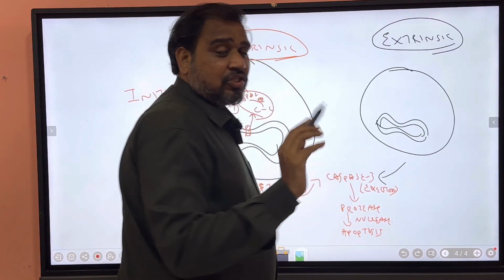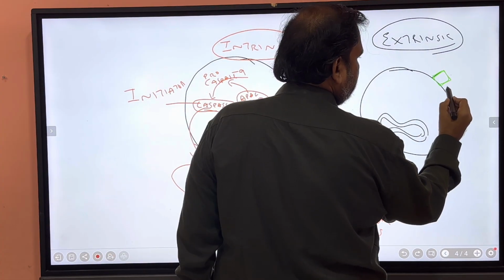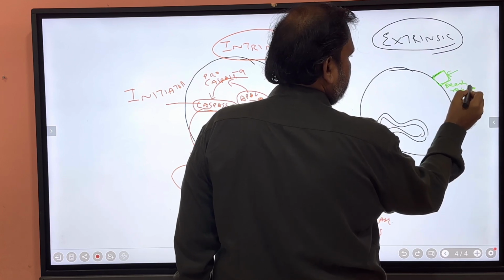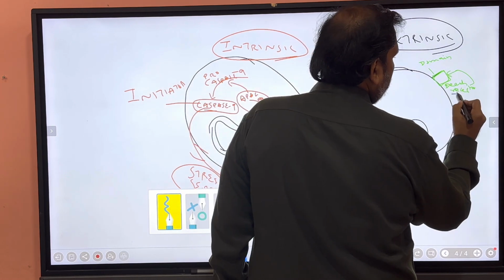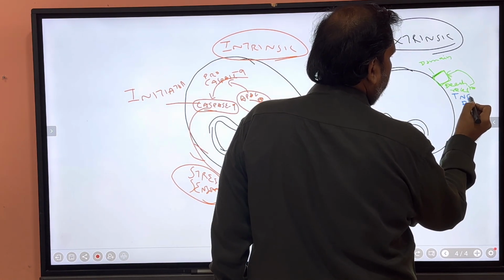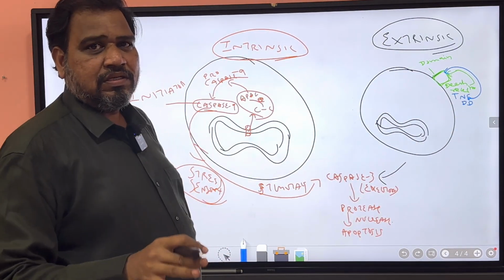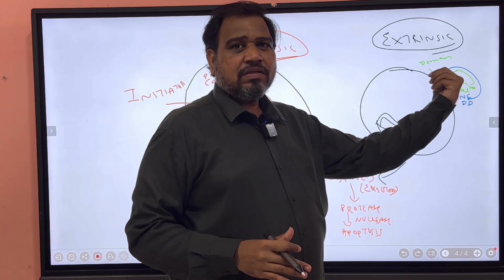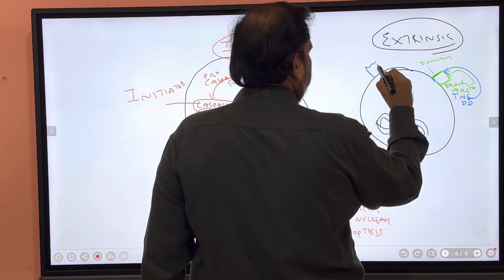In extrinsic, the stimulus is from outside the cell, for example any infection. Let us take the death receptor, and this is the domain. This is the death receptor and this is the domain. So this we call tumor necrosis factor, death domain, which will be binding with the tumor necrosis factor receptor. Because of some infection, this tumor necrosis factor combines with the tumor necrosis factor receptor, or this will also be better, FAS.